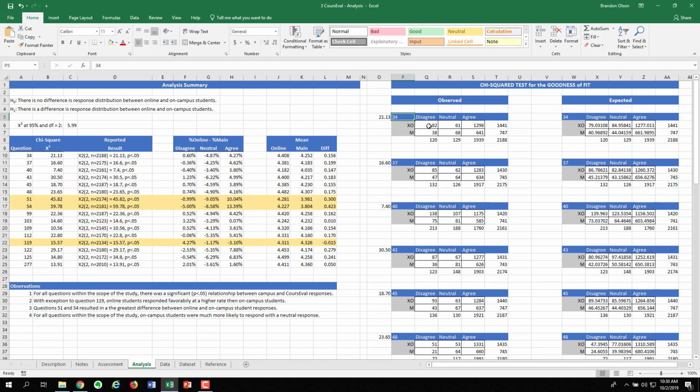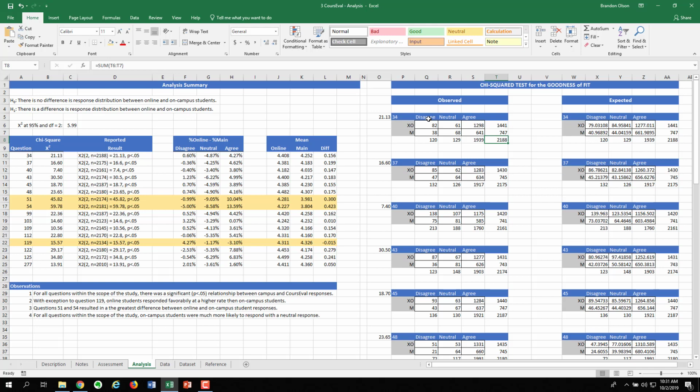And then I counted from my data subset the number of students that responded either strongly disagree or disagree, neutral, or strongly agree or agree, and counted each of those up for the on-campus students and the online students, and then totaled them up for everybody that disagreed, everybody that was neutral, everybody that agreed, the total of the online students that responded, and the total of the main campus students that responded, and then the total responses overall. So that's the summary table that I created for all the responses for question 34.